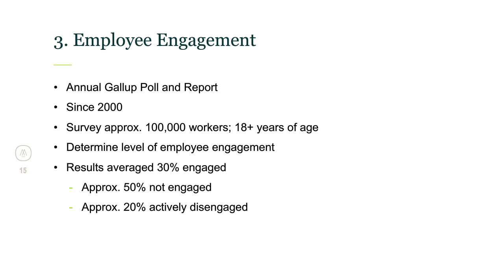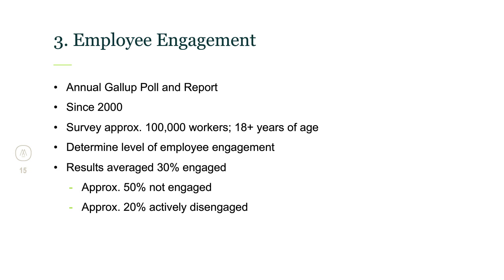Average percent engaged, 30%. So that breaks down to 70% not engaged: roughly 50% defined as not engaged and 20% actively disengaged. Not engaged means you're kind of just going through the motions.